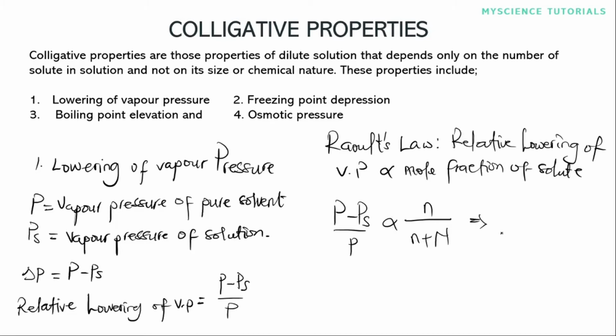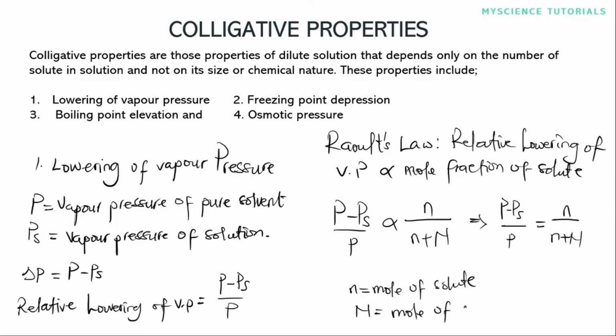The constant in this case is just 1, so we have P minus PS over P equal to small n over small n plus capital N, where small n is the mole of the solute, and capital N is the mole of the solvent.